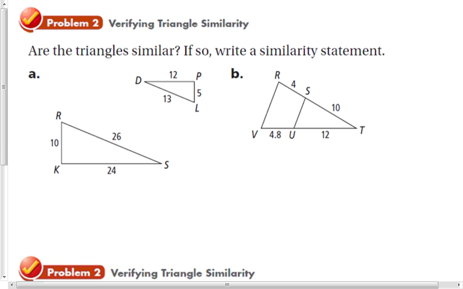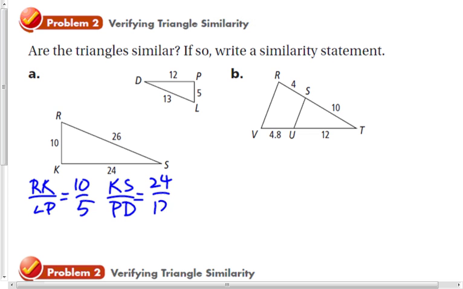All right, are the triangles similar? So write a similarity statement here. So let's see what we have. Let's check out the ratio of RK over LP. That's equal to 10 over 5. The ratio of KS over PD is equal to 24 over 12. And the ratio of RS over LD is equal to 26 over 13.